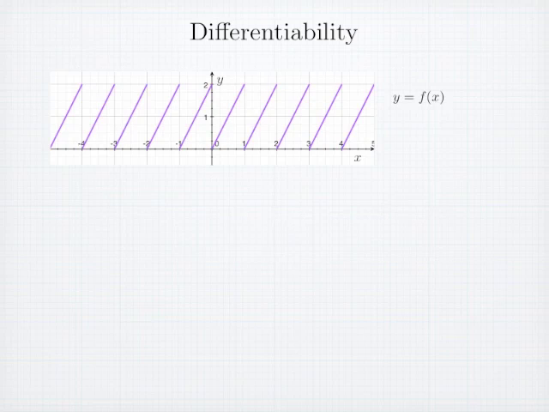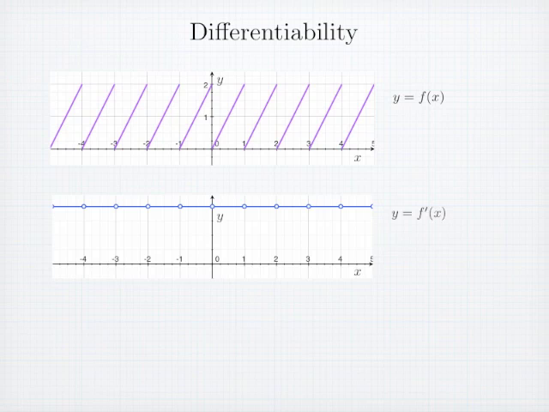Here's our first example. This function is a line that's been chopped into pieces and just sort of glued next to each other. So if I thought about where is this function differentiable and where is it not differentiable, you should notice that every time the function has a break, it cannot be differentiable. Here's a graph of the derivative.